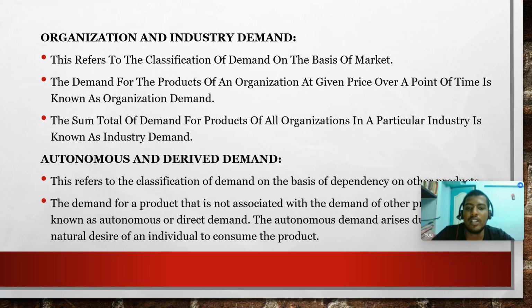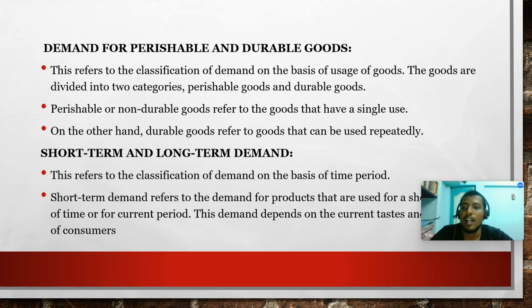Autonomous and derived demand. This refers to the classification of demand on the basis of dependency on other products. The demand for a product that is not associated with the demand for another product is known as autonomous or direct demand. Autonomous demand arises from the natural desire of an individual to consume products.